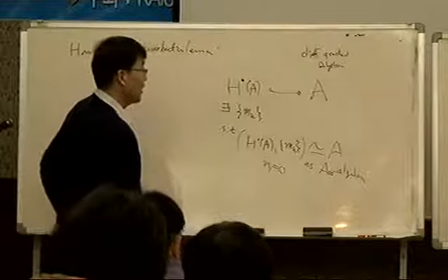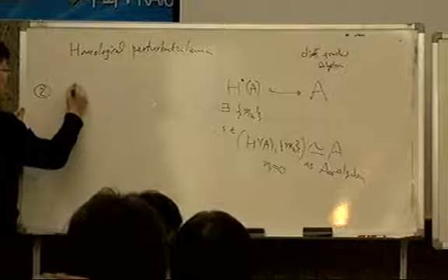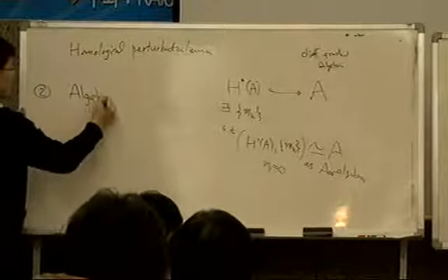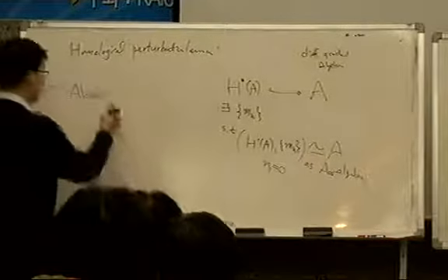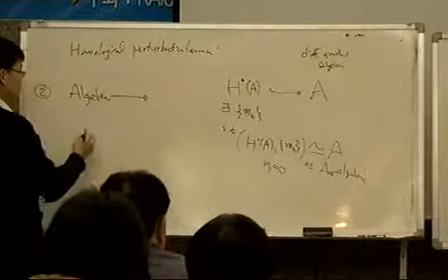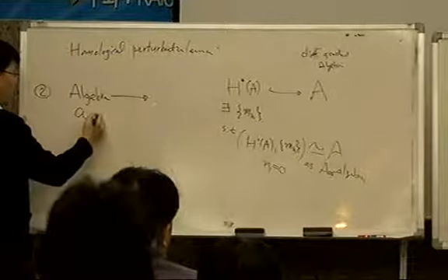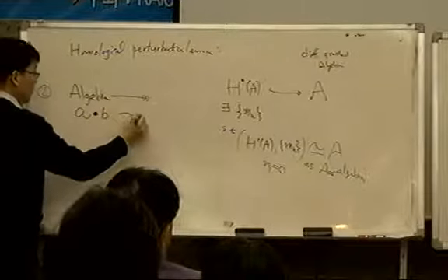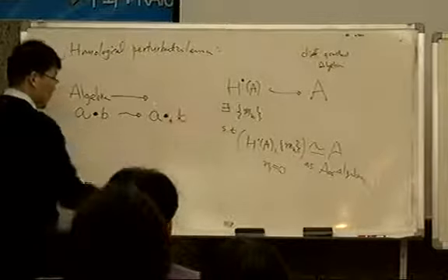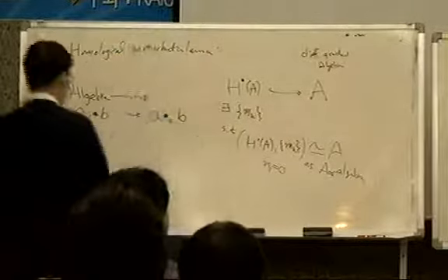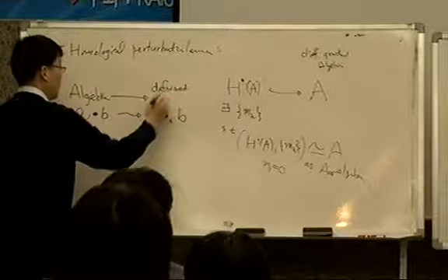Okay, and the second reason, I think, is if you have an algebra. I was going to talk about this a bit more, but because I don't have time, I'll just briefly say it. Then you can deform it. So you can deform A dot B into A dot_T B, a deformed algebra.